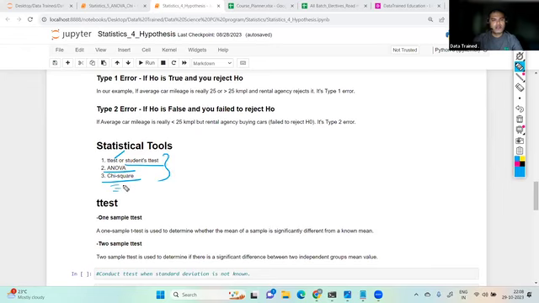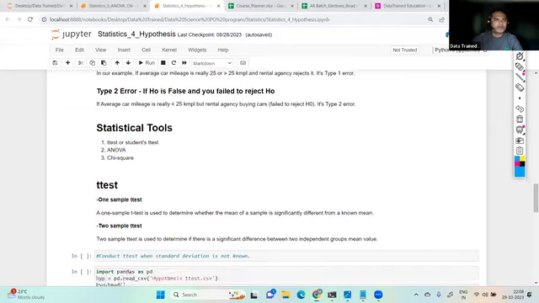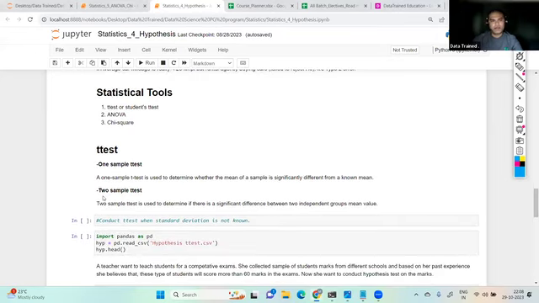The most commonly used statistical tools are these three. Every tool we will discuss with a problem statement. Let's start with the t-test. In the t-test, we have one sample t-test and two sample t-test.